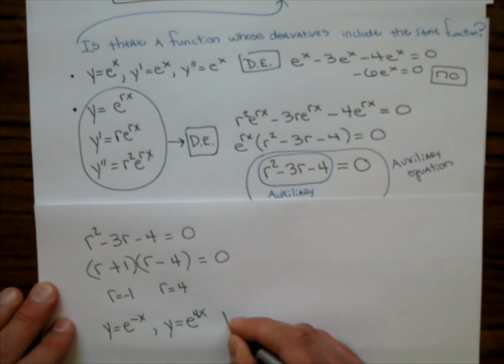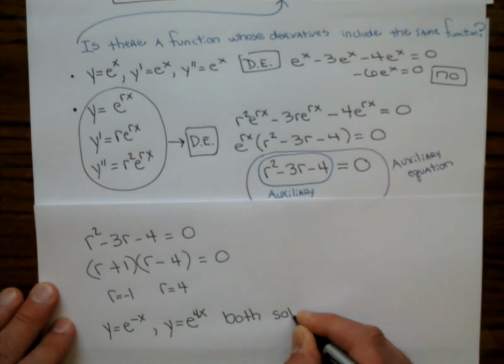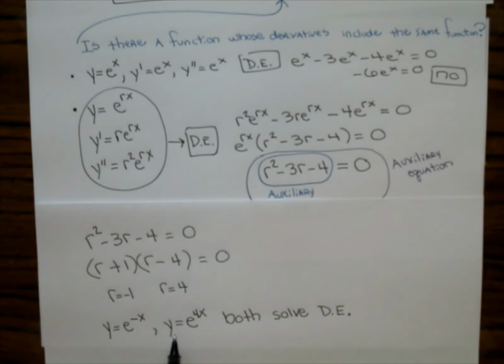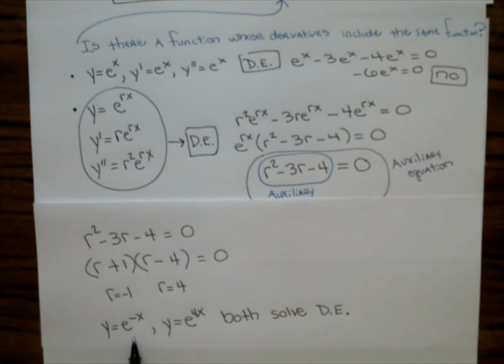Those both solve the differential equation. One is not a scalar multiple of the other, and if you're thinking of these as vectors, you can see that these 2 vectors, e to the -x and e to the 4x, are independent. Not only are they independent, they are going to form a basis.